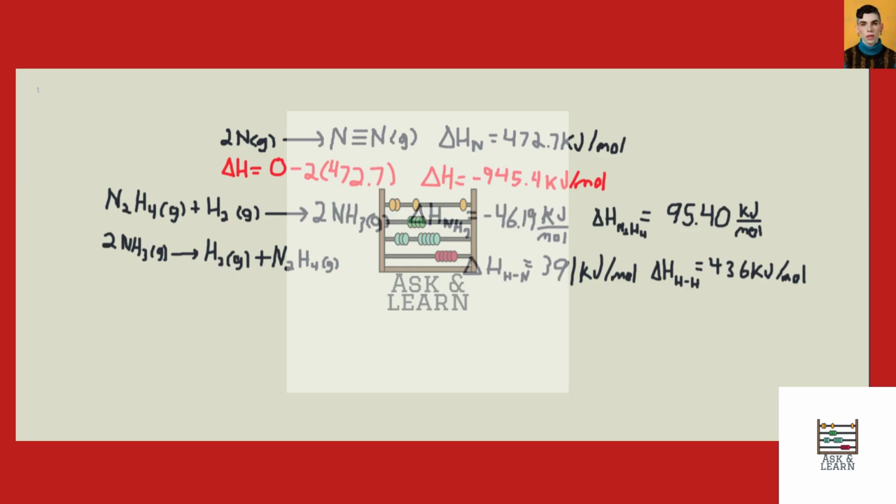So first, we're going to find the delta H of formation. Remember delta H of H2 is 0 because it's an element in its standard state.